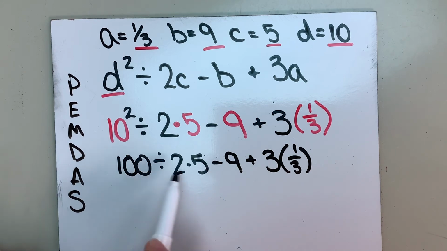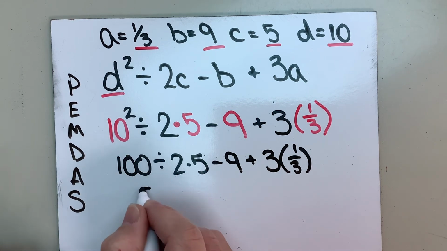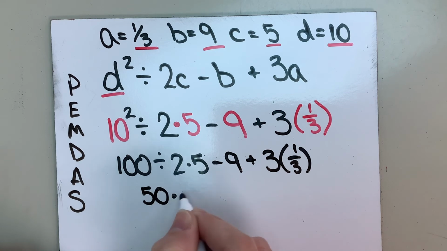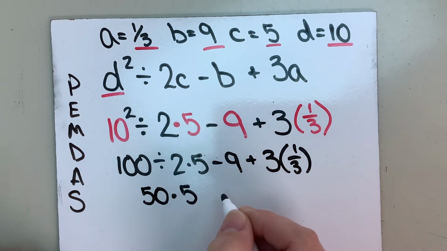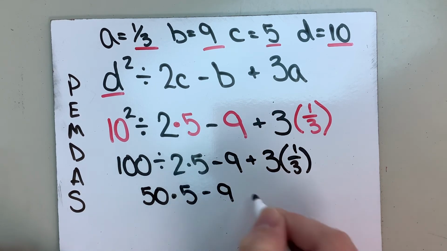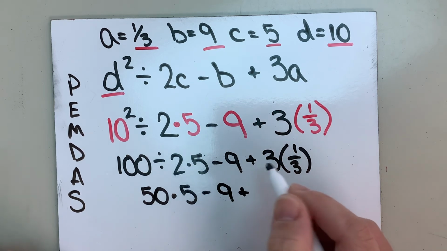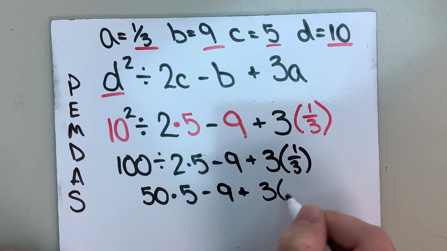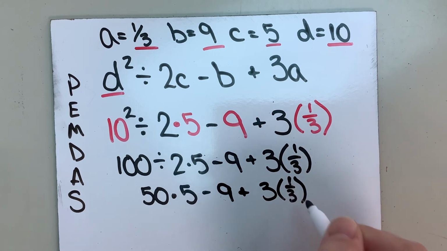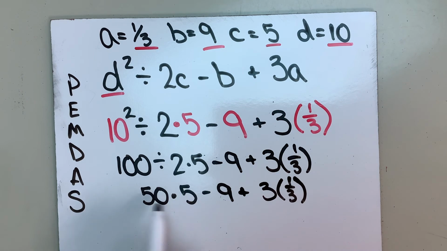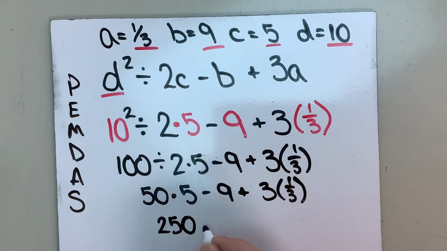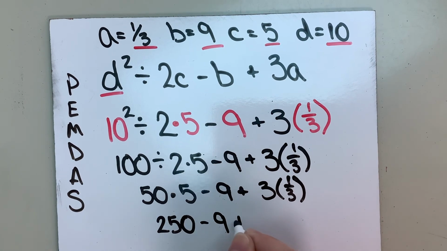So I'm going to start here. 100 divided by 2 is 50. I still have times 5, minus 9, plus 3 times 1/3. Okay. Now 50 times 5 is 250. 5 times 5 is 25, stick on a 0, minus 9, plus, I'm going to go ahead and work this out now.